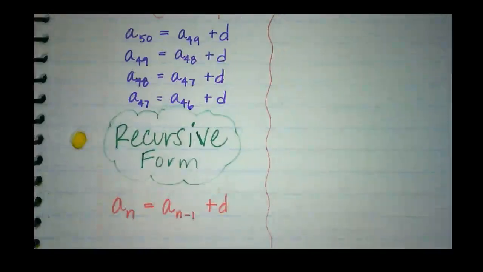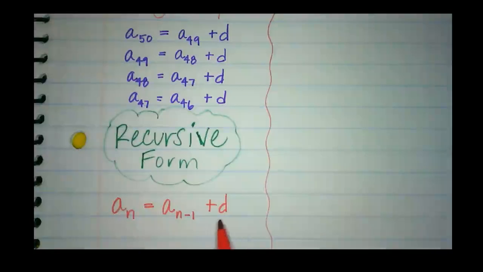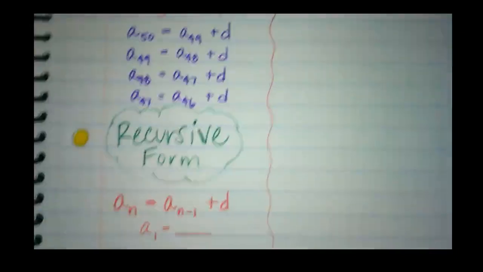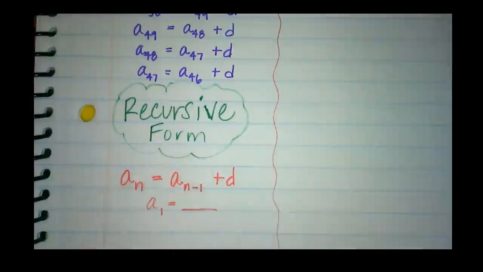Now, the problem is that if I told you that the value of d was 5, would you be able to give me the sequence? And the answer is no, because you have to know where the sequence starts. So this is the recursive form of an arithmetic sequence.